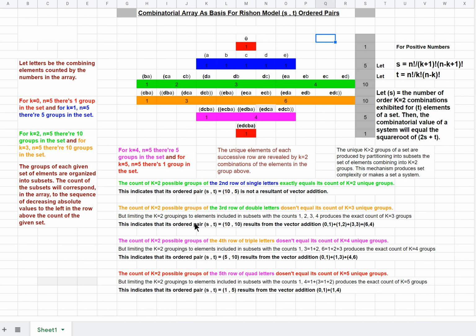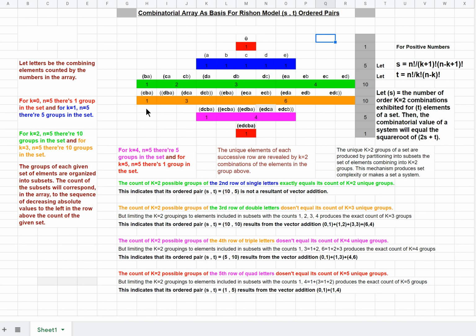And if we continue, we will see that the count of k equal 2 possible groups of the 4th row of triple letters, this 4th row that we just created by combining the row of double letters, also doesn't equal the count of k equal 4 unique groups. And so it must be partitioned.